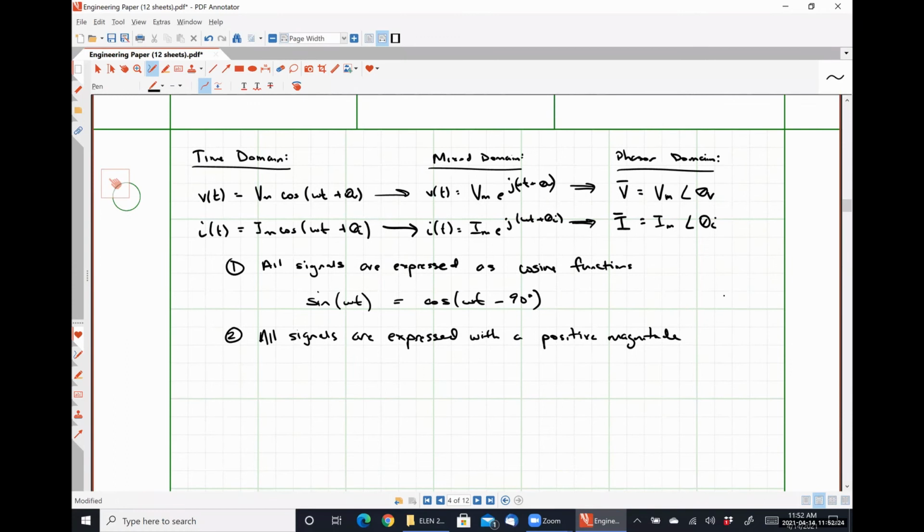Meaning if we had negative cosine(omega t), that is the same as positive cosine(omega t plus or minus 180 degrees). Under those two conditions, we can now develop relationships for all of our circuit elements of interest and vastly simplify the math needed in order to analyze a circuit.